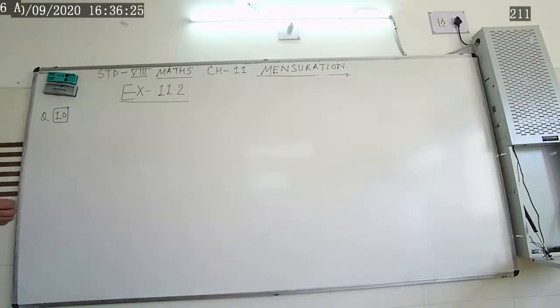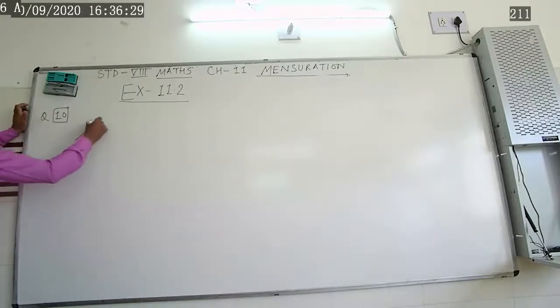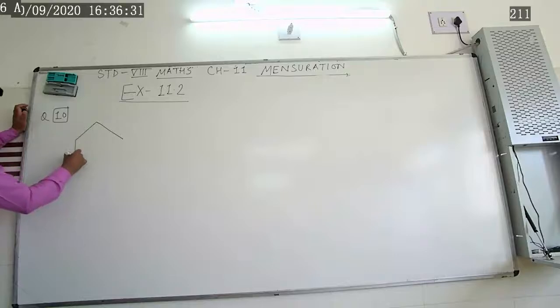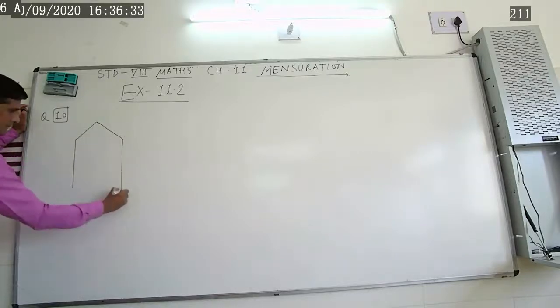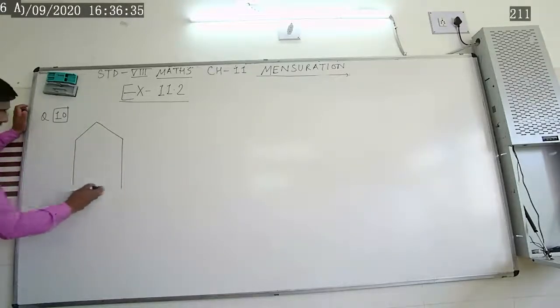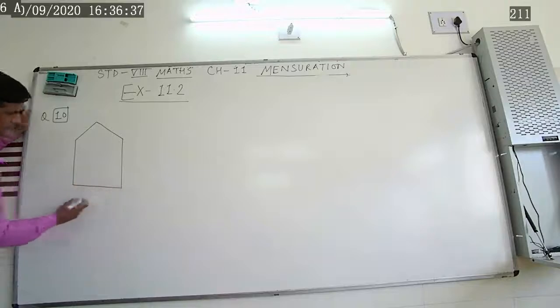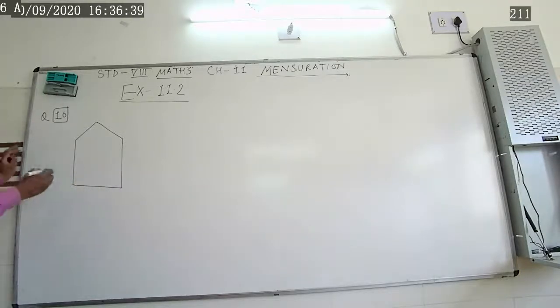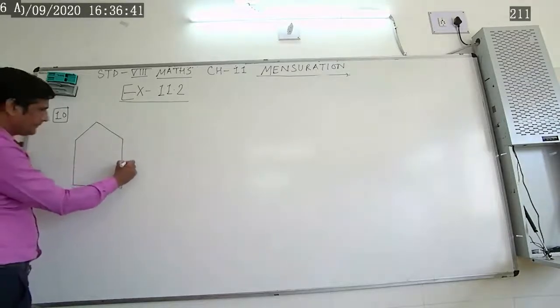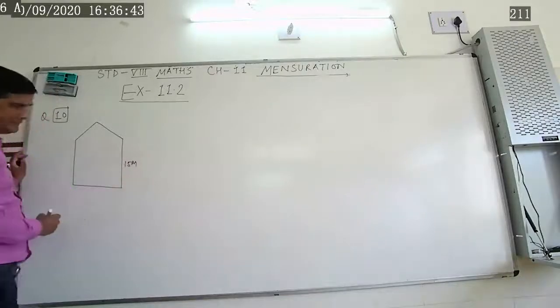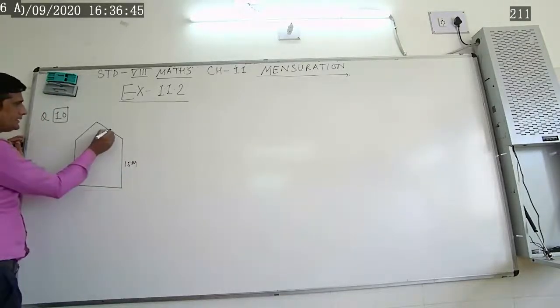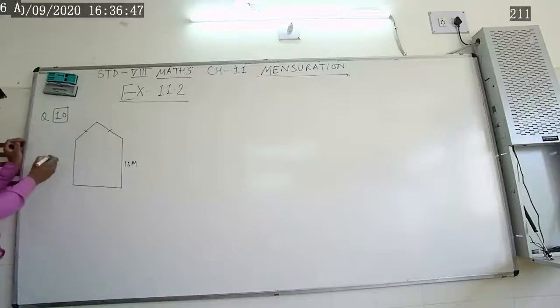Students are here, Jyoti and Kavita. One figure given here. This is the figure here. This distance is 15 meters. This and this side equal.